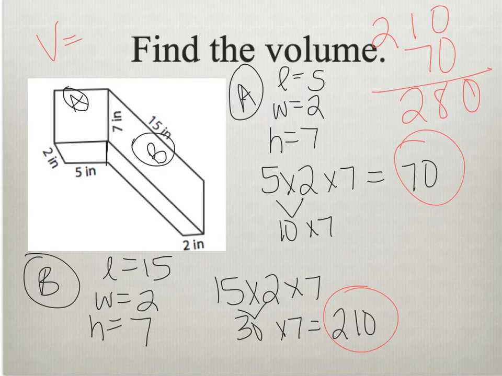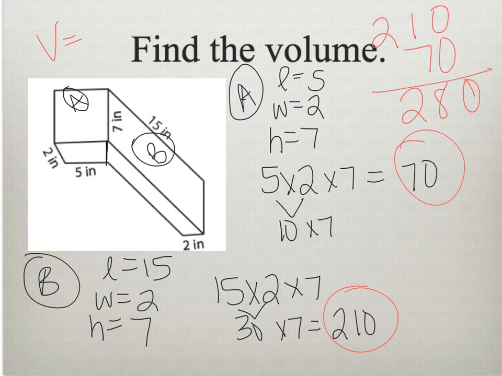Alright, so let's go over this. First of all, we know that for shape A, we're looking here, our length is 5, our width is 2, and our height is 7. So 5 times 2 times 7 will give us our volume. 5 times 2 is 10. 10 times 7 is 70.